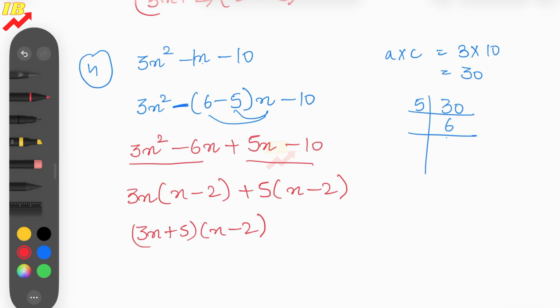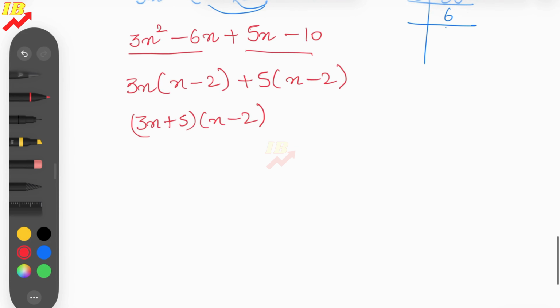The questions can get more difficult and it can come in under roots. It can come in different ways as well. But for your better understanding, I'm just taking one more example, which is a little more weird, like −3x² − x + 14, right?